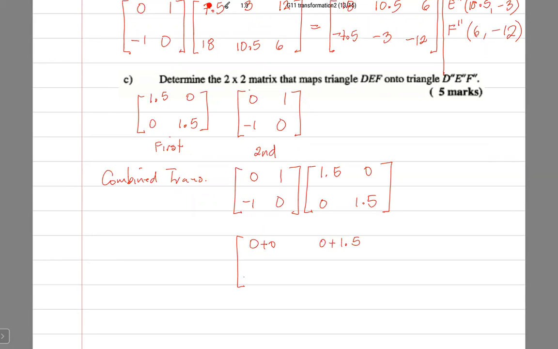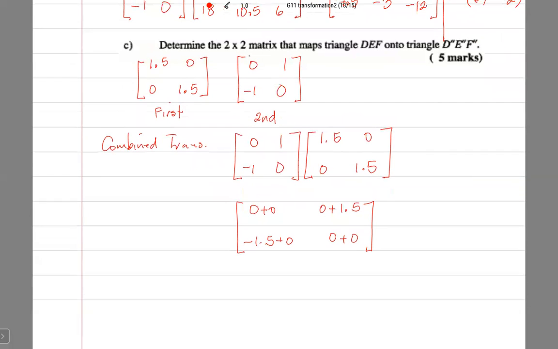The bottom row is -1.5, 0. And so our final answer is [0, 1.5; -1.5, 0].